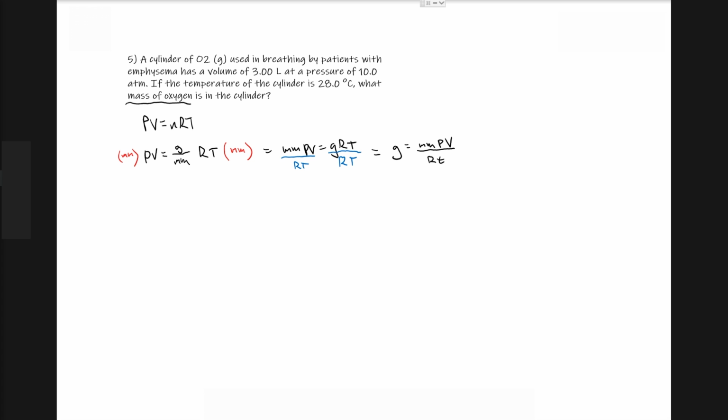And now we have a version of the ideal gas law that we can actually use.